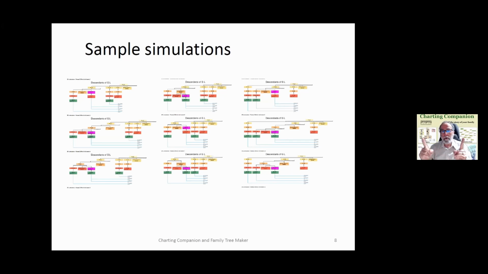And we're very thorough. Charting Companion even inserts hypothetical mistresses, if you want, or people, because sometimes these are out of wedlock relationships. So they're a result of people you don't even know exist, that you don't even have in your tree. So we insert a hypothetical mistress, and we will see if the orphan fits there. And if it fits, we let you know, hey, Grandpa Joe could have had an adventure that would have resulted in this person.